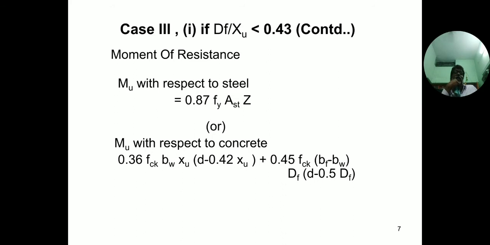Mu with respect to concrete is 0.36 fck bw xu into d minus 0.42 xu, plus 0.45 fck bf minus bw into df into d minus 0.5 df. This is Mu with respect to concrete, no doubt.